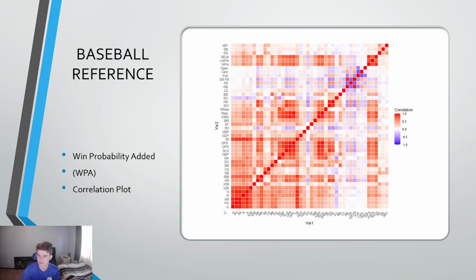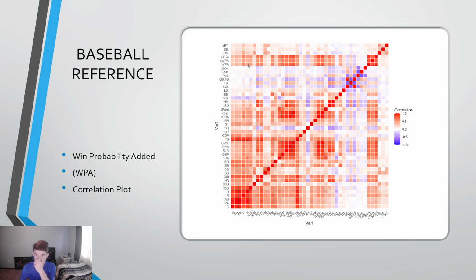As you can see, there are a lot of data points in this, but WPA is right here. And we are going to be trying to find the variables that most correlate with it to generate our own production variable.